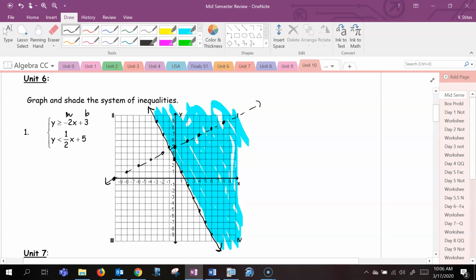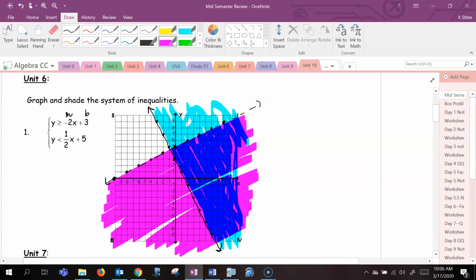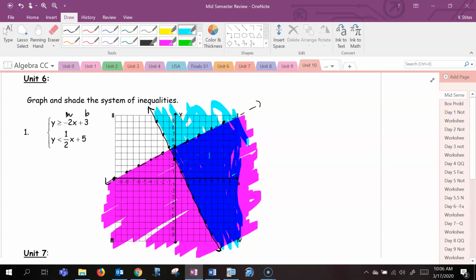And it is a less than symbol, so I will be shading down, which means this bright blue part is going to be what we call our feasible region. Okay, so it should just be this whole region there. All right, go ahead and take a second and shade that. And we'll move on to Unit 7.